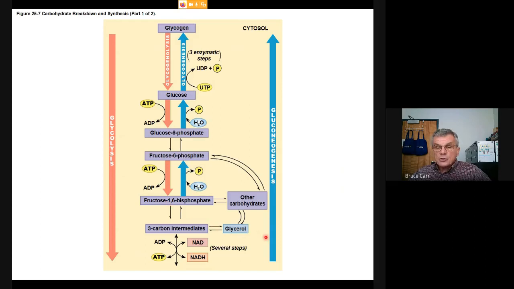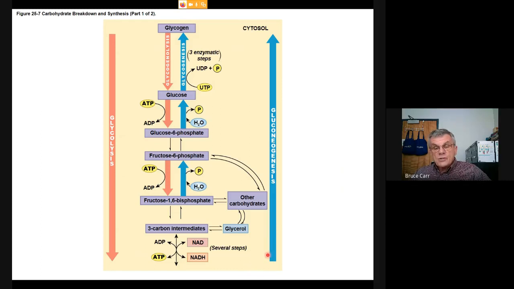An overall process shown here in blue called gluconeogenesis, which means glucose production. Gluco for glucose, neo for new, and genesis for production.